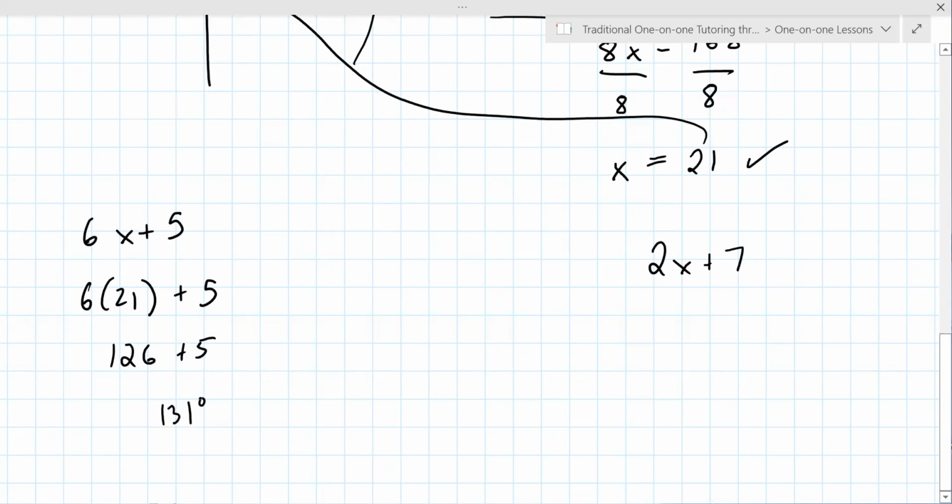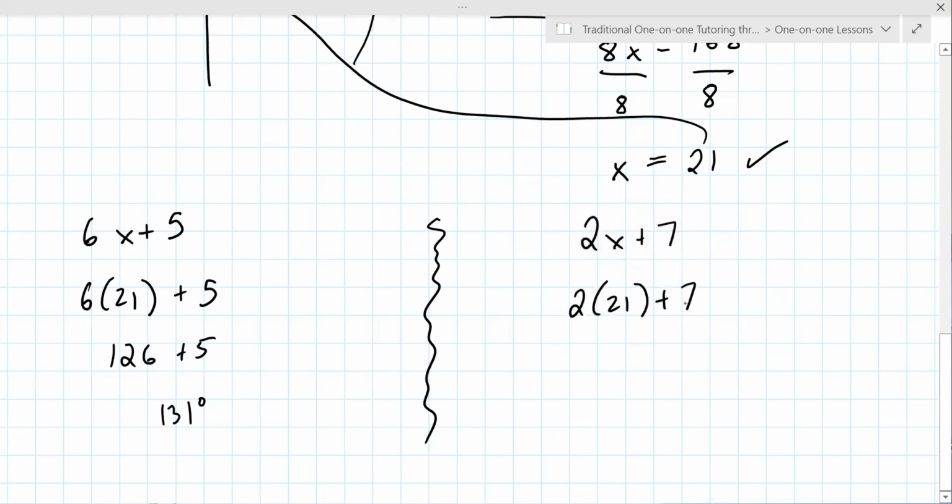Okay, so we're going to do the same thing for this one on the right here. We're going to plug 21 in for x. So it's going to be 2 times 21 plus 7.